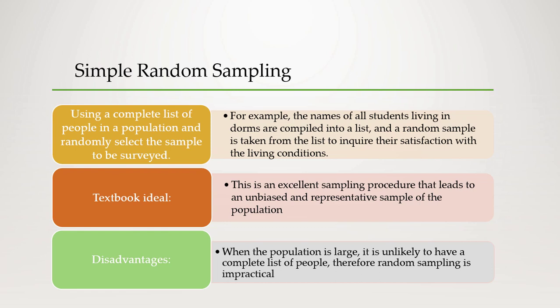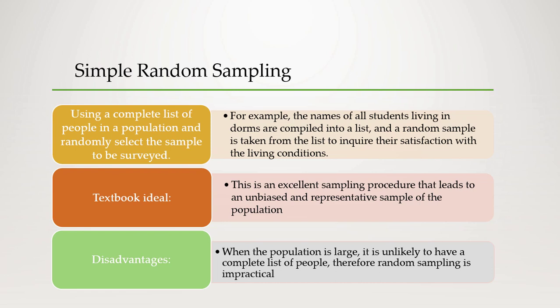The best and the simplest probability sampling procedure is called simple random sampling. A simple random sampling procedure starts with a list of all individuals in the population. Then some mechanism is used to randomly select a sample from the population. It's the best and simplest sampling approach to generate a non-biased and representative sample of the population.